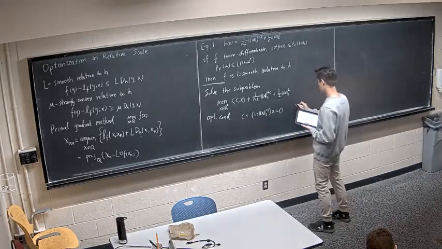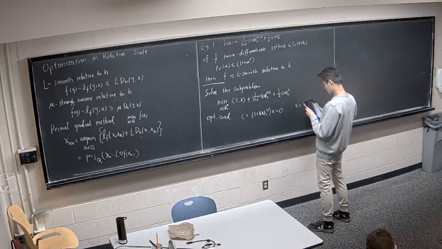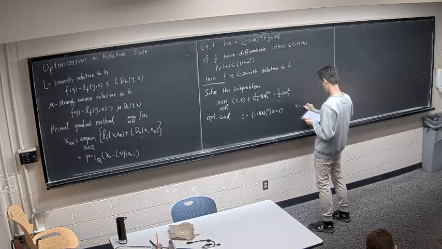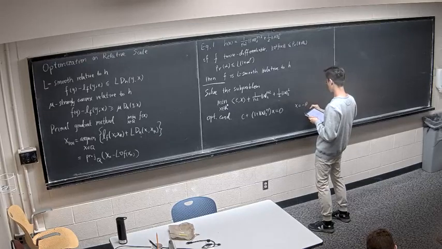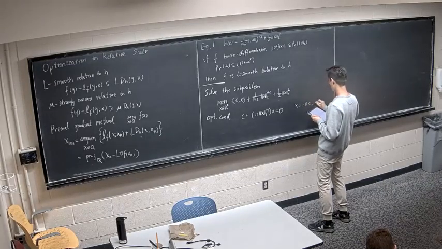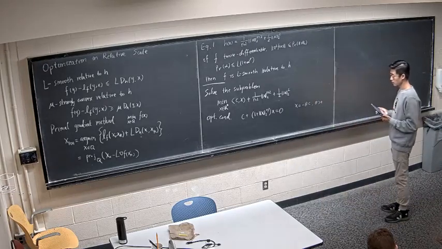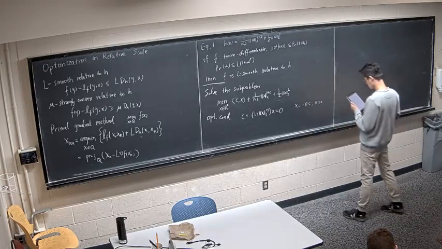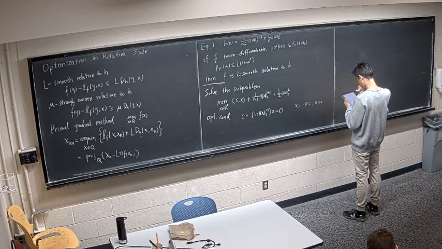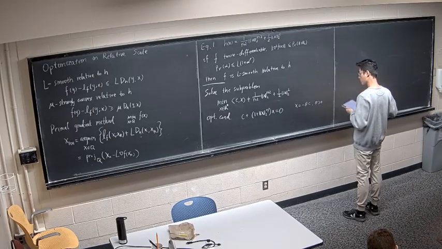So we can say x is some theta times c. For simplicity, let's use minus theta times c, and theta is negative.